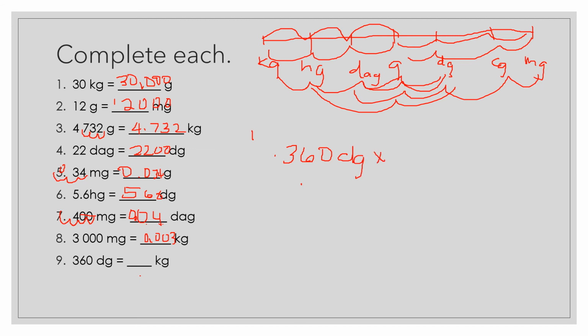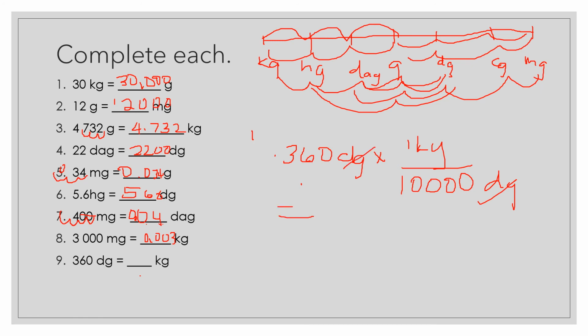From decigram, 1, 2, 3, 4. 1 kilogram is about 10,000 decigrams, kasi 4 na 0. So, cancel natin to.